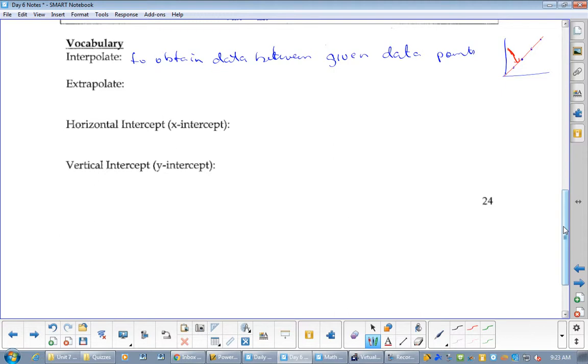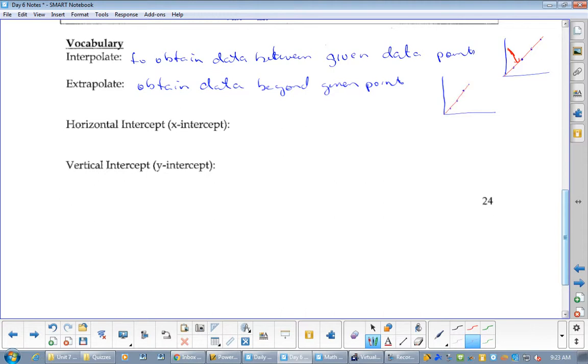Now, extrapolate is when you obtain data beyond given points. Okay, so if you had a graph and it went like this, this, this, this, and it stopped there.